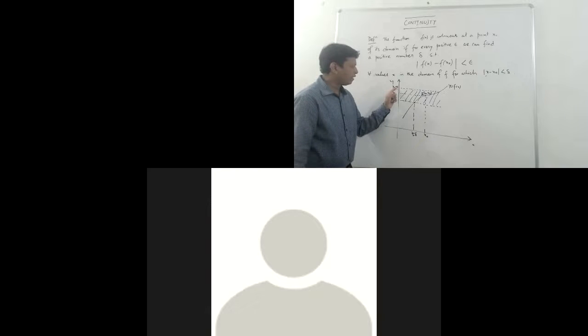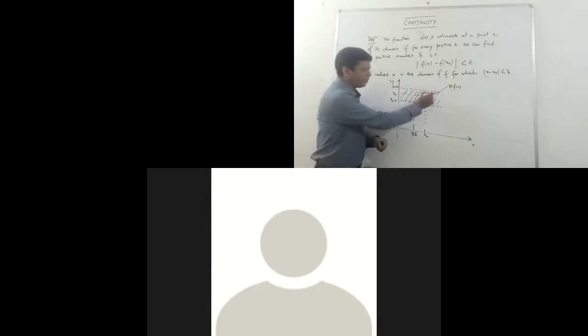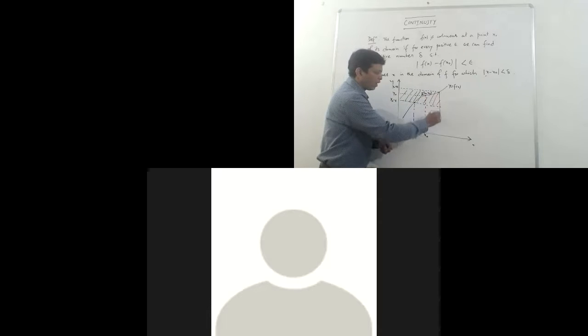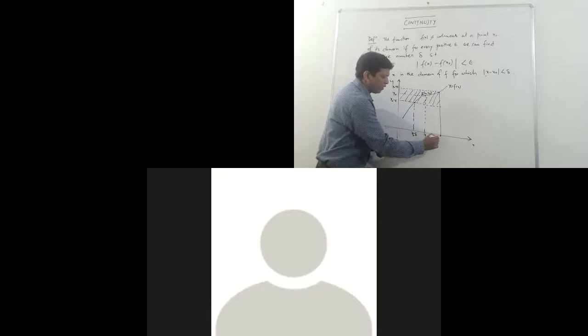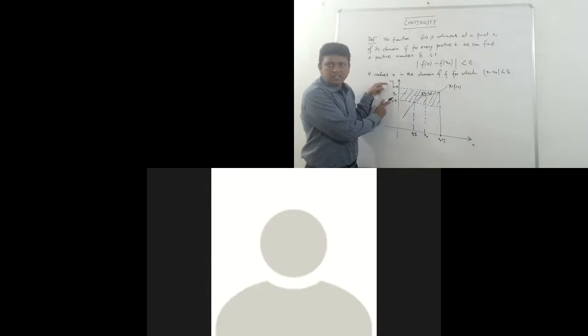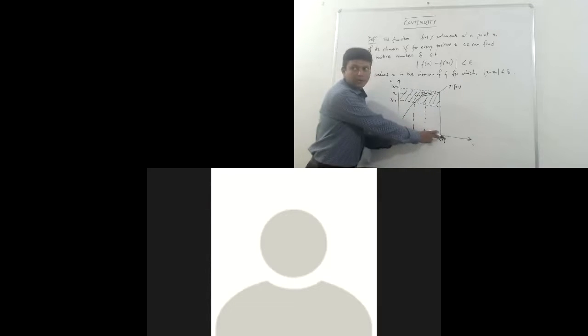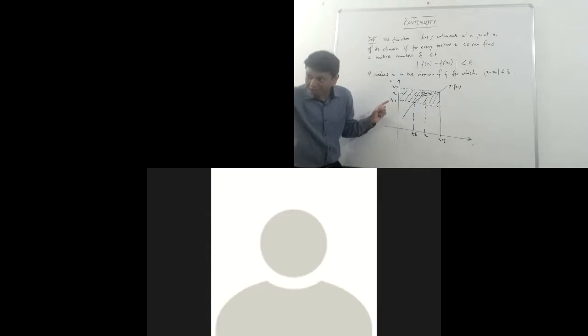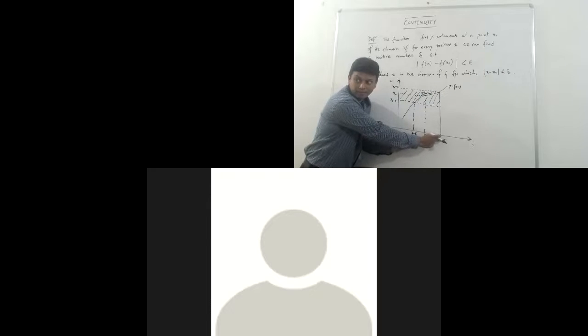For this other point on the curve, if you draw the line, this will be x naught plus delta. So for choosing epsilon, you are getting a delta.